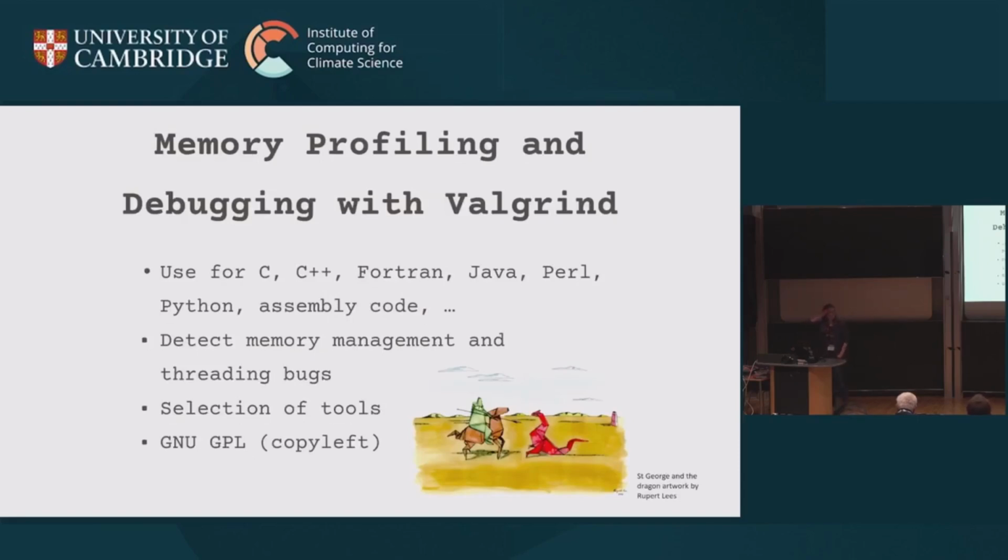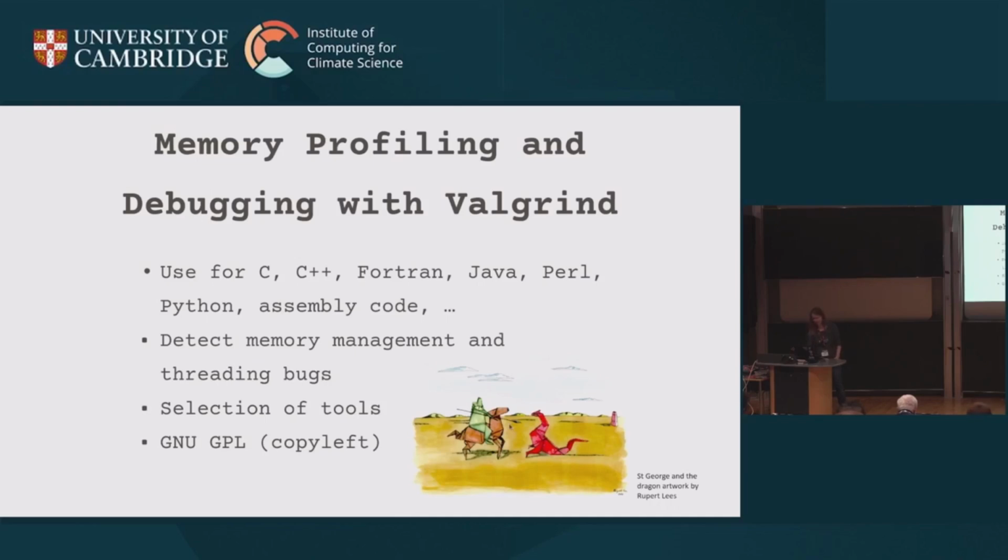Memory profiling. So you might have an issue in your code that your code is failing, and you're quite sure that there's a memory bug somewhere. And one of the tools that you might have heard about is Valgrind, however people think it's pronounced, and you might have seen these nice little pictures around there.